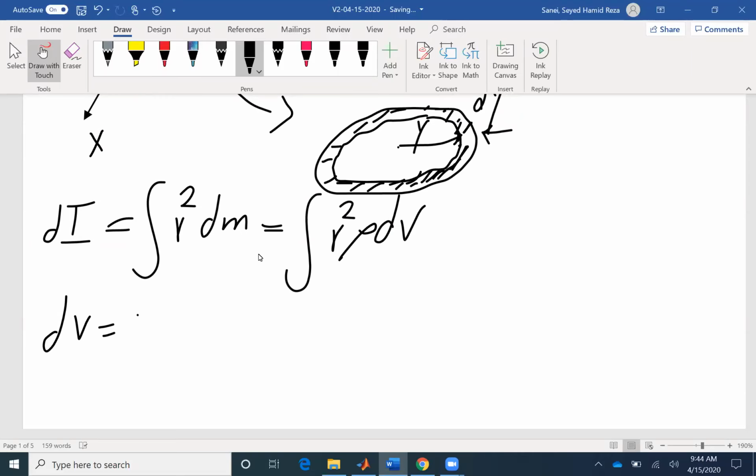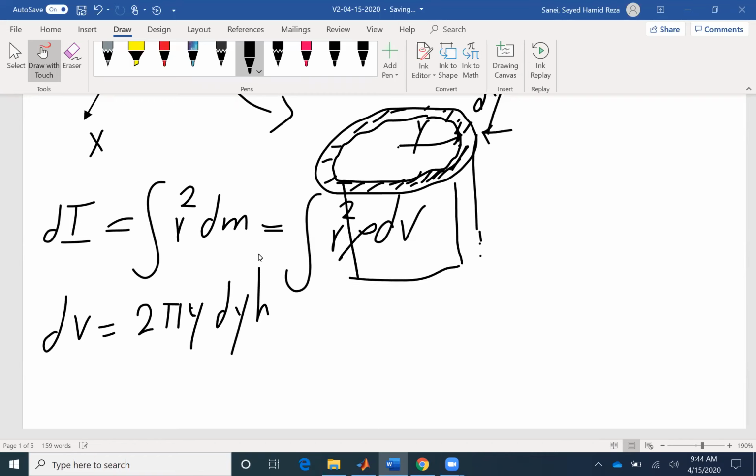So that would be 2 pi y, the circumference, times its thickness dy, that would be the area, times the height h, which gives our volume. So this shell goes down. It has a volume here.